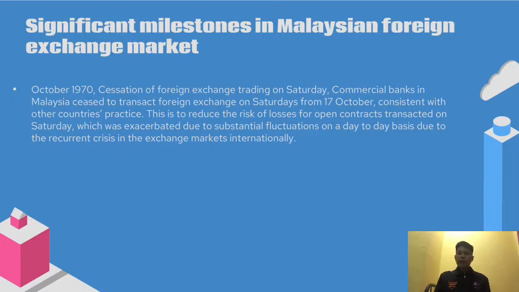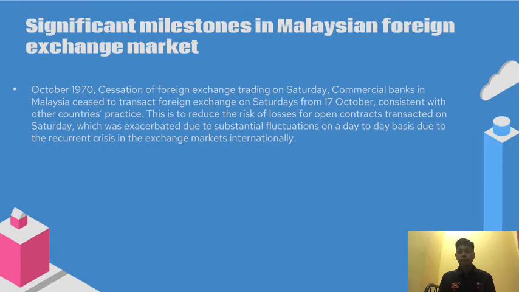In November 1968, there was a suspension of foreign exchange trading due to speculation on the Deutsche Mark. Massive speculation in the international foreign exchange market led to the closure of several European foreign exchange markets from 20 to 22 November. In October 1970, foreign exchange trading on Saturday ceased. Commercial banks in Malaysia ceased to transact foreign exchange on Saturday from 17 October, consistent with other countries' practice.